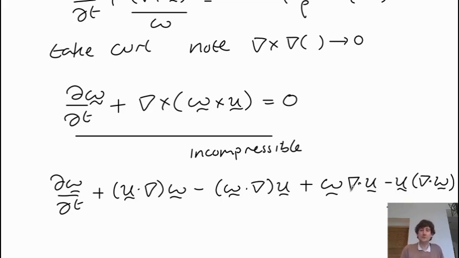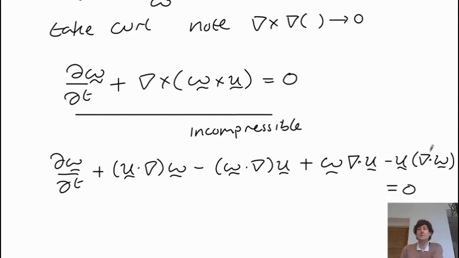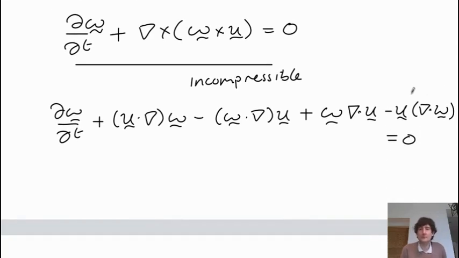Okay, so there's a few things we can cancel out here. So one is vorticity is a curl, and so divergence of a curl is identically 0. So this is the divergence of a curl of something is 0. Here we're assuming incompressible, so this term also goes to 0. And so we're just left with these terms here.